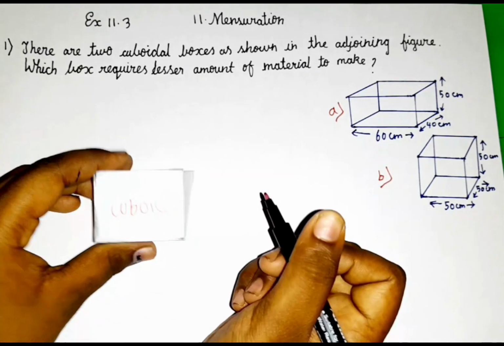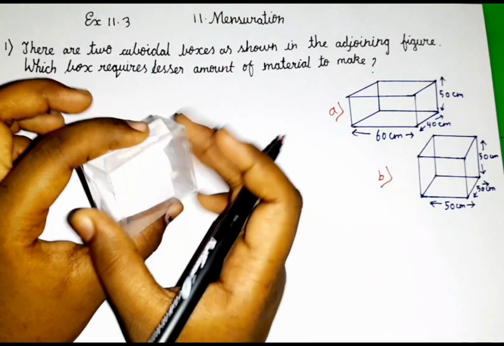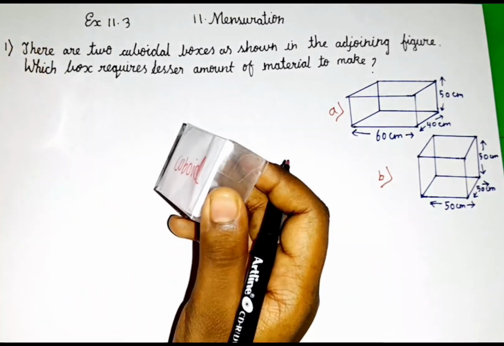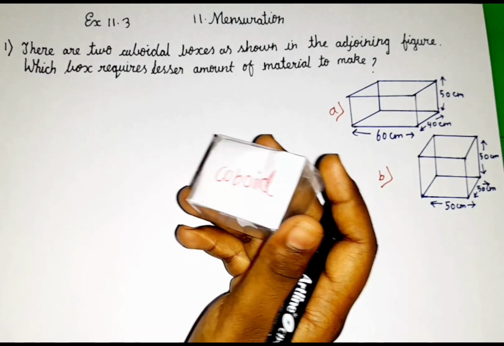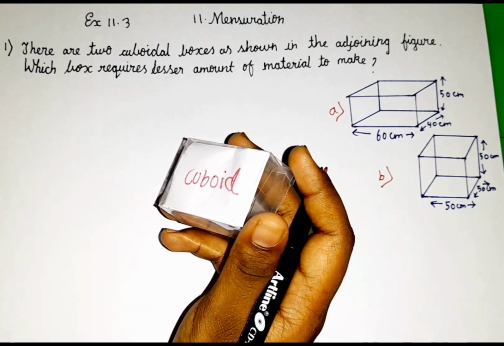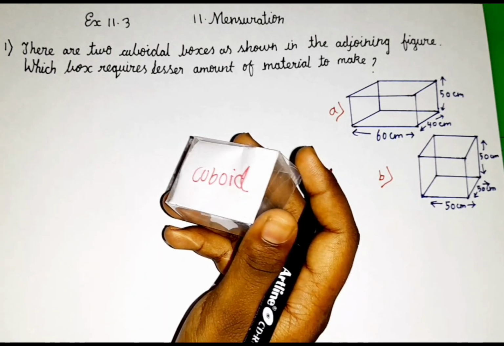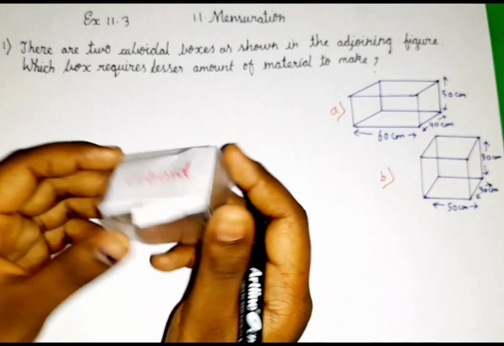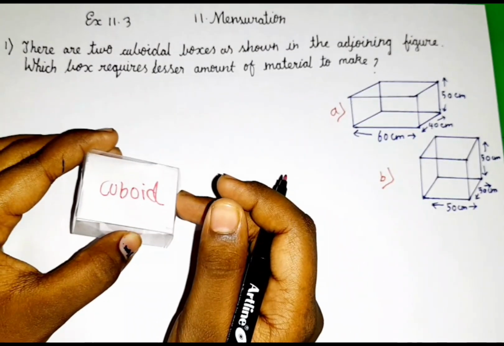Something not cuboid shaped, for example, a mattress, or a box or a matchstick box, anything, is like that only. To make this I will need few materials.